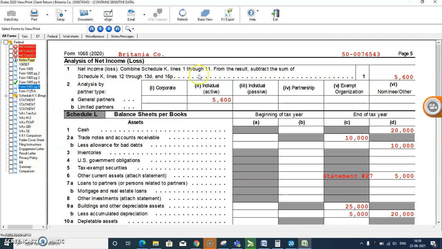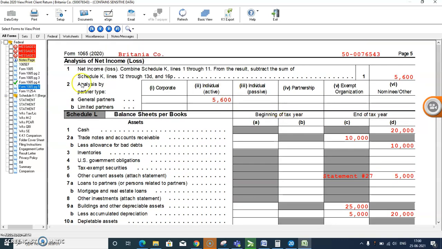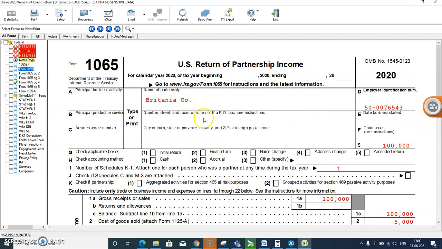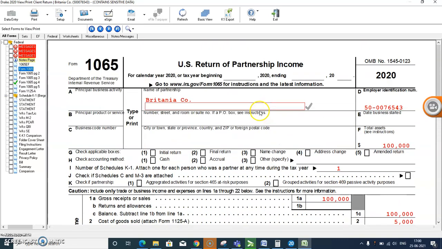See, net income or loss combined Schedule K also comes to $5,600. Individual active $5,600. So this is how we report income and loss statement in Form 1065.